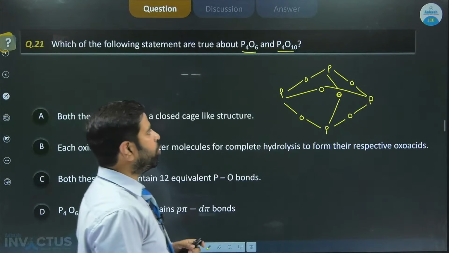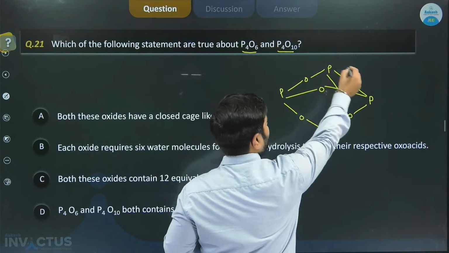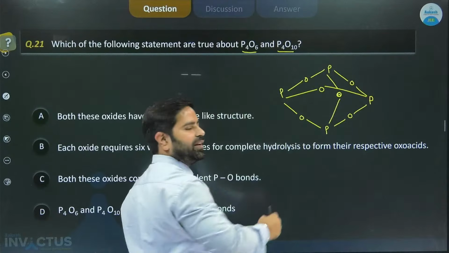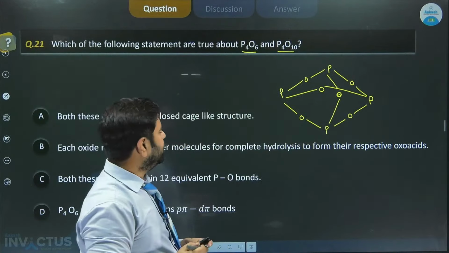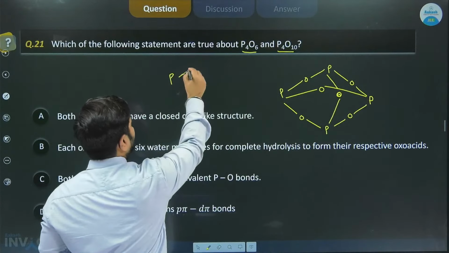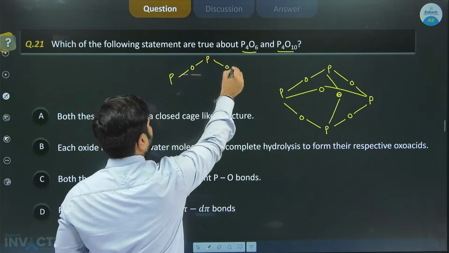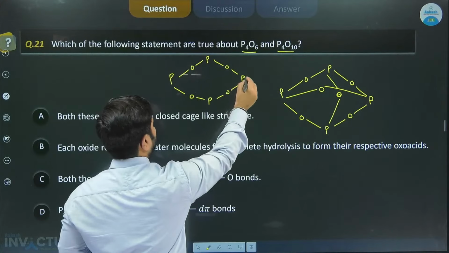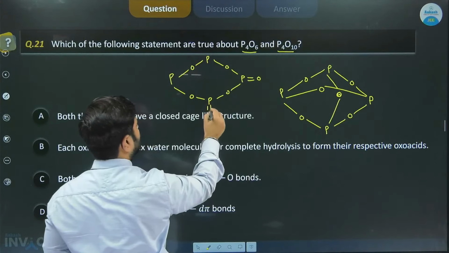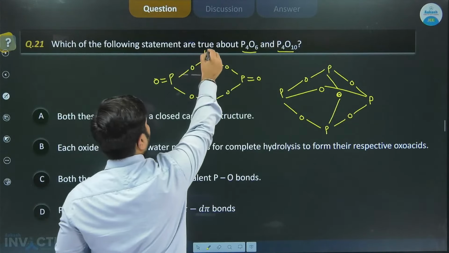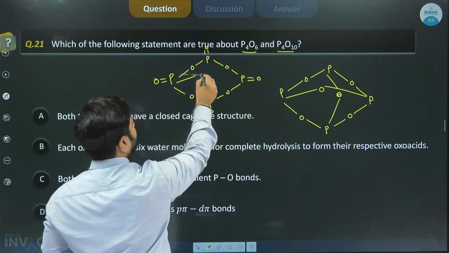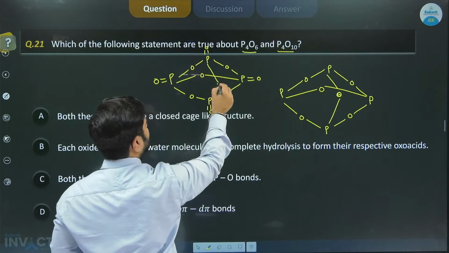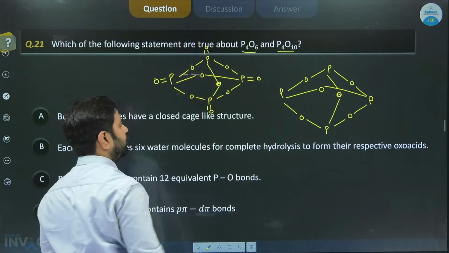And for the P4O10, we know that a double bond oxygen will be present on each phosphorus atom. So P4O10 would be like this, and there are two bridge oxygen. Now let's check the options.